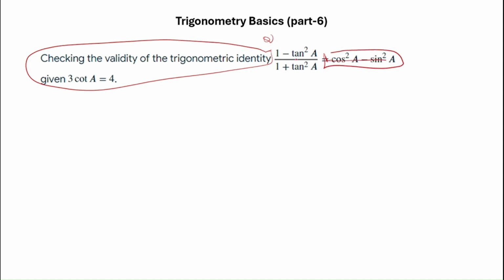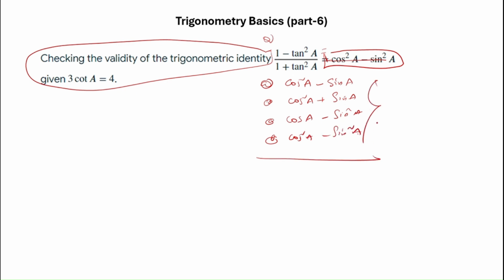The question will just be: 1 minus tan square A by 1 plus tan square A is equal to, and then we have the options. A is cos square A minus sin A. B is cos square A plus sin A. C is cos A minus sin square A. D is cos square A minus sin square A. This is how the question may appear in competitive exams.